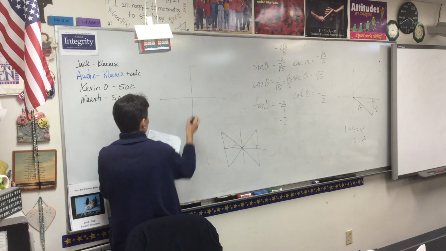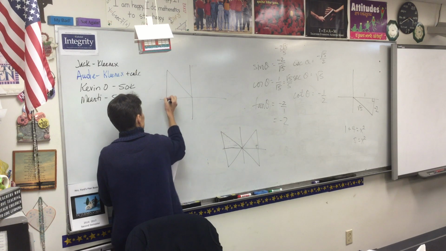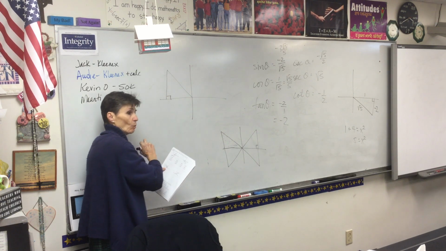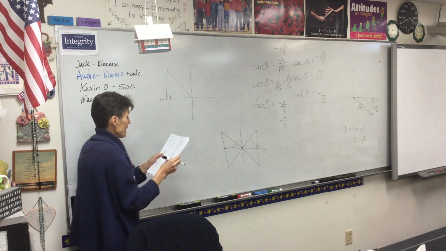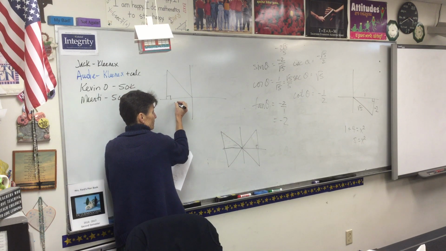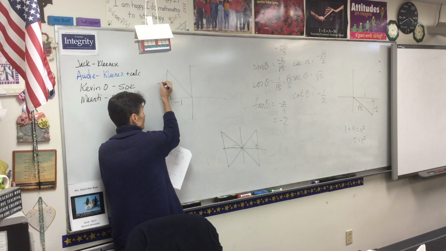So in C, I'm in quadrant 2, so there's my butterfly bow tie piece in quadrant 2. And what is X? -1, and Y is 3.